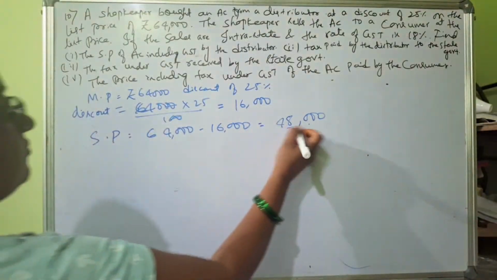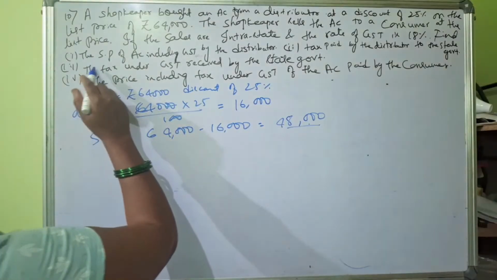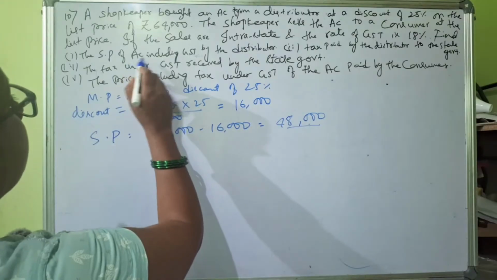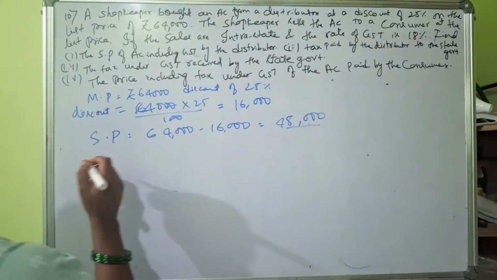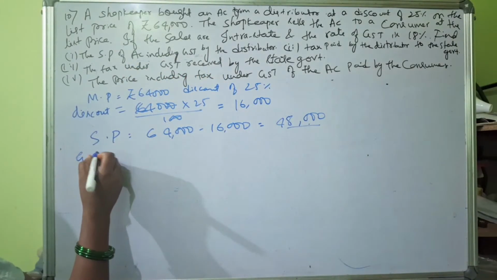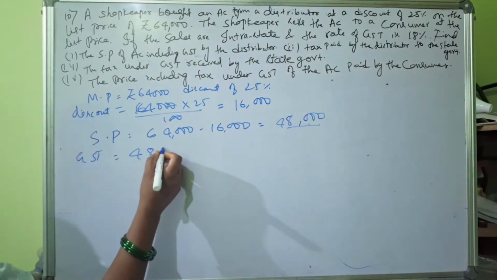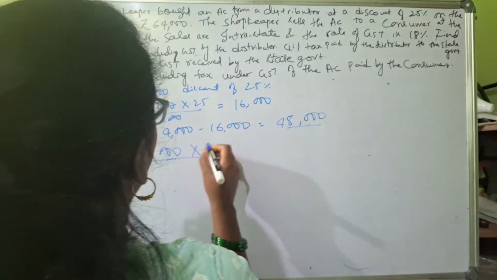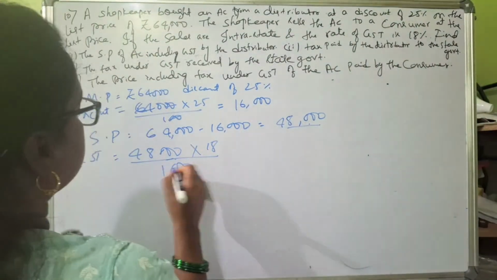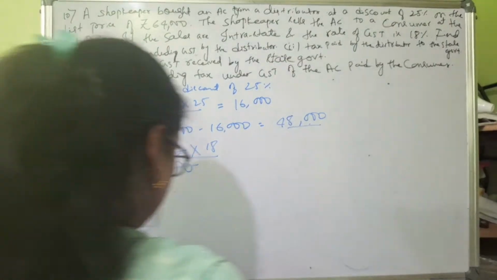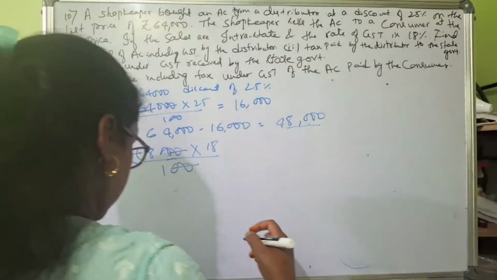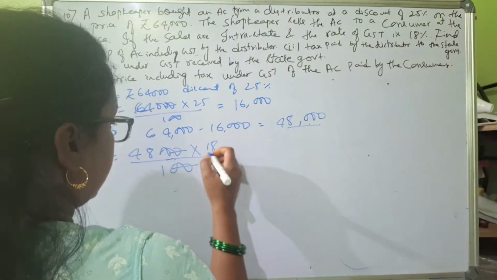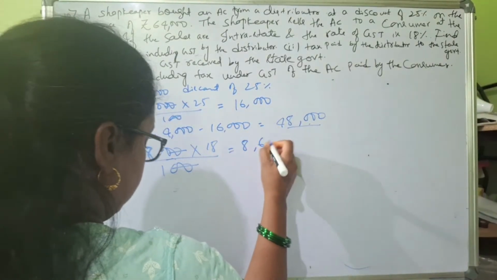So in the first question we have to find the selling price of AC including GST. So we have to find the GST for this 48,000. GST given is 18%. So 48,000 into 18 divided by 100 is equal to 8,640.